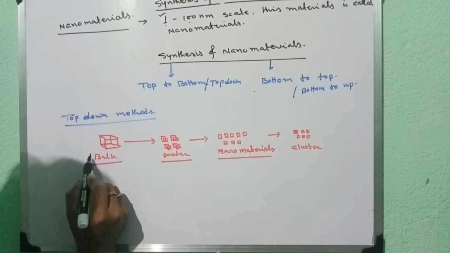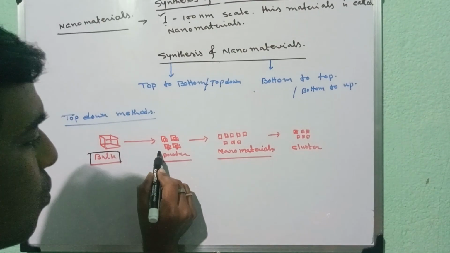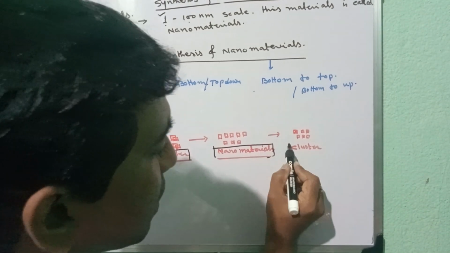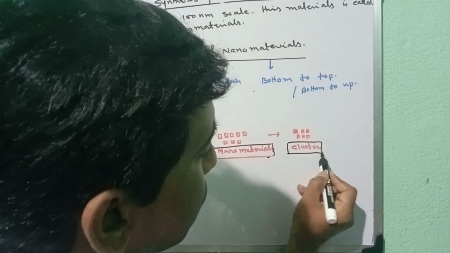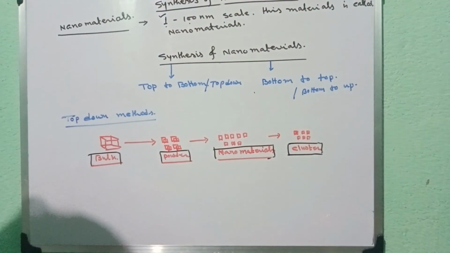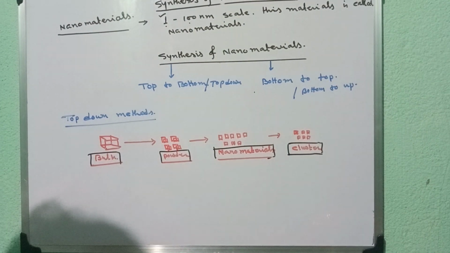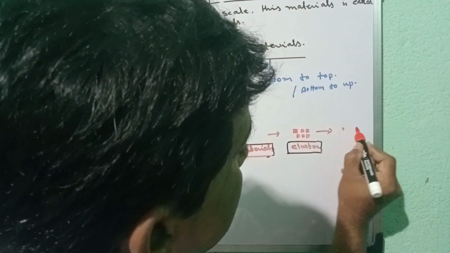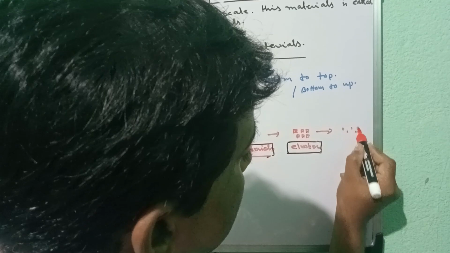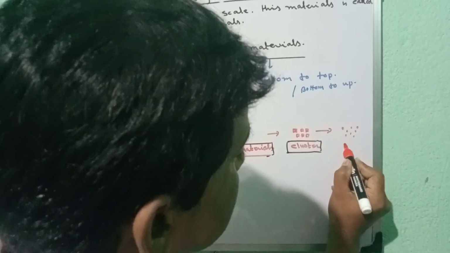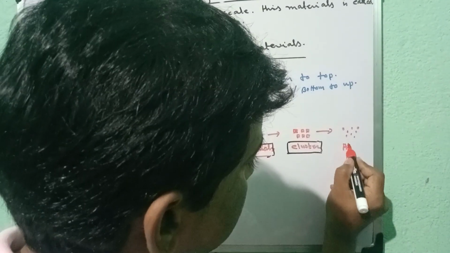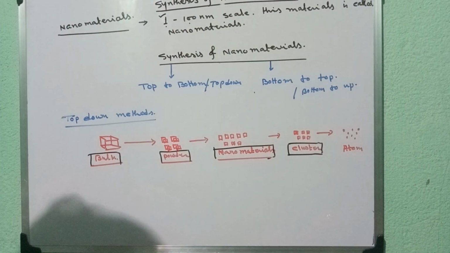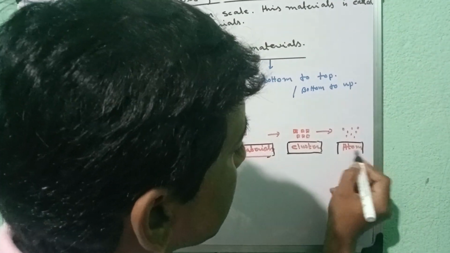So first is bulk material, then powder, then nanomaterial, then cluster, and finally it goes to the atom. So this is the top down method.